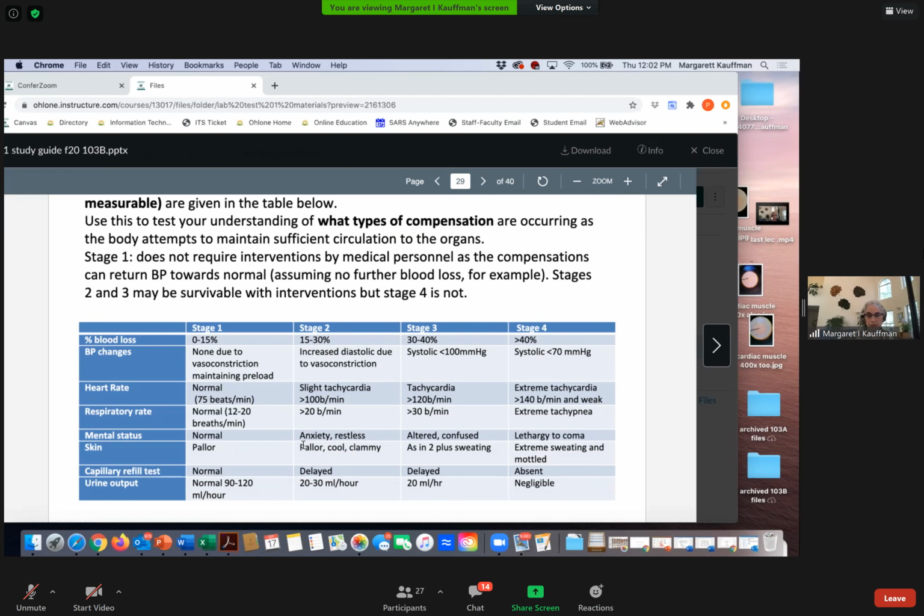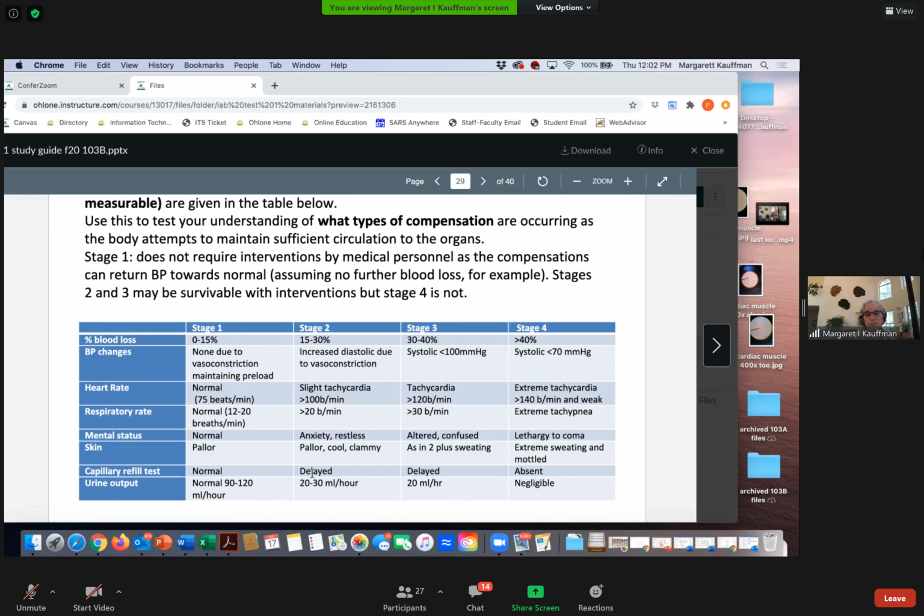Again, you're white-skinned, but not only that, you don't have much blood going to your skin, so you feel cold on the outside. The clammy is because you're sweating, because if you go back to thermoregulation, an increase of sympathetic activity will cause you to start sweating.